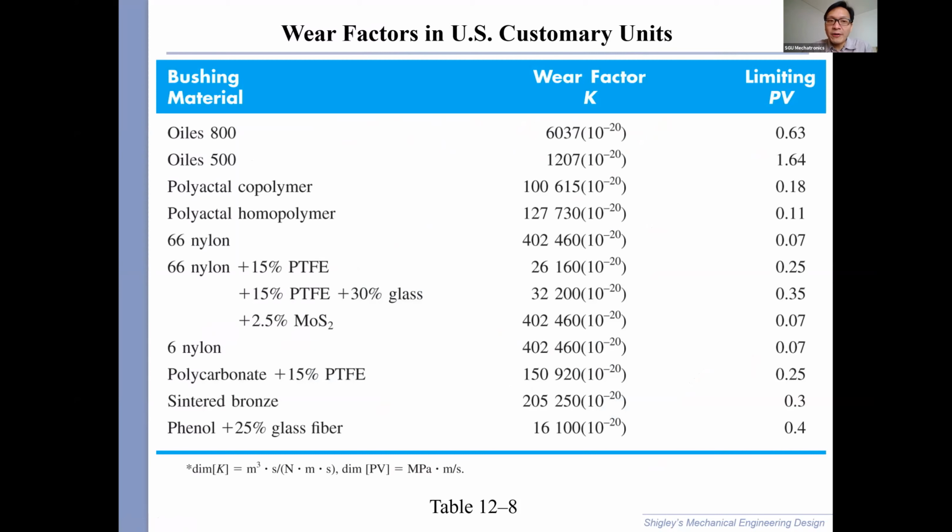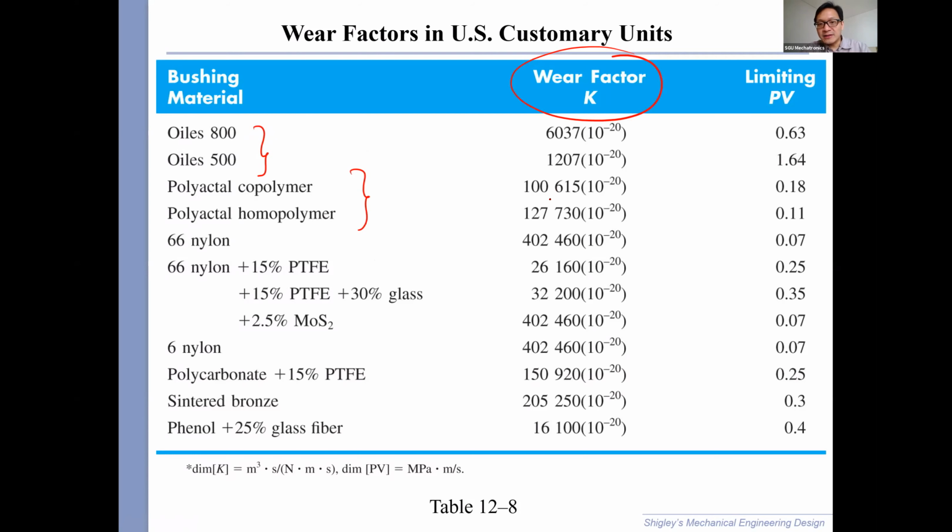These are some wear factors. It's kind of a measure of how fast it wears. Okay, that's K. You can see the oilless is basically a bronze bushing, these two. And then there are some plastic bushings.